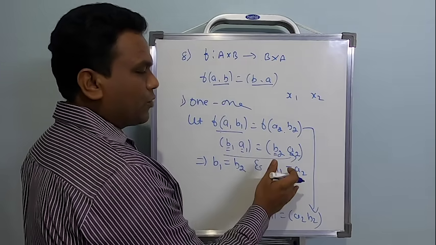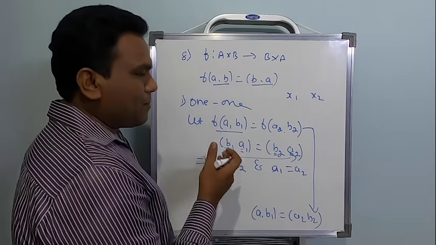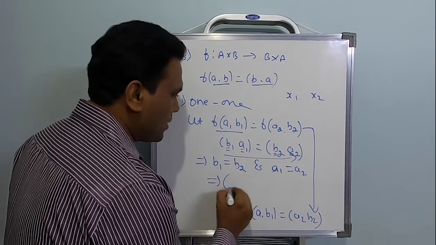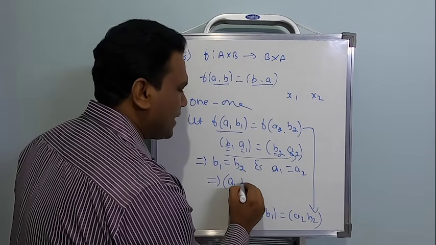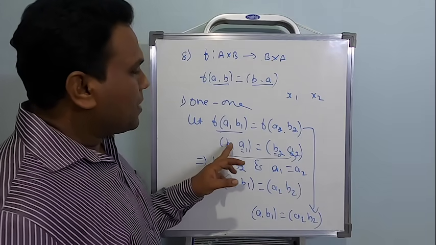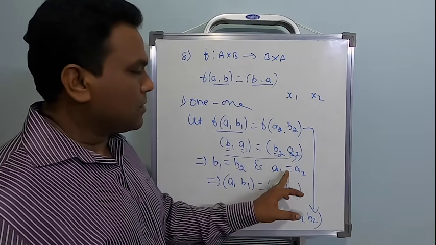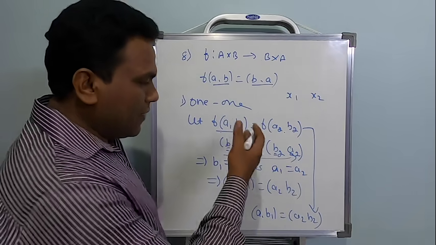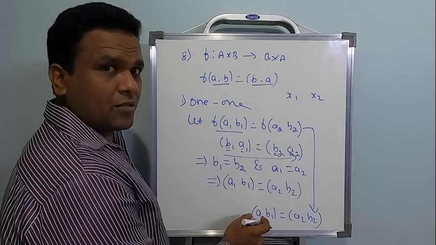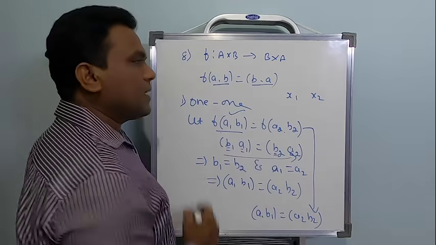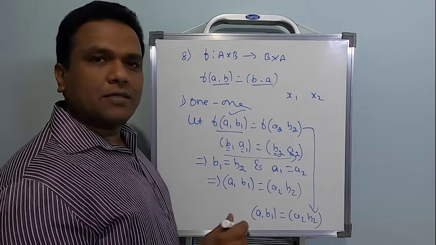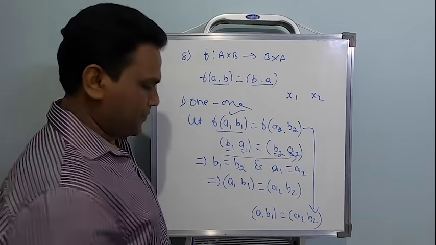Since b1 equals b2 and a1 equals a2, it doesn't matter if I reverse these two, so I can also write (a1, b1) is equal to (a2, b2). See, the meaning has not changed. (b1, a1) is written as (a1, b1) because these elements are equal. So in any way the condition remains the same, correct? So we have landed on the condition required for us, right? We started with f of x1 equal to f of x2, then got x1 equal to x2. Hence the given function is said to be a 1-1 function.